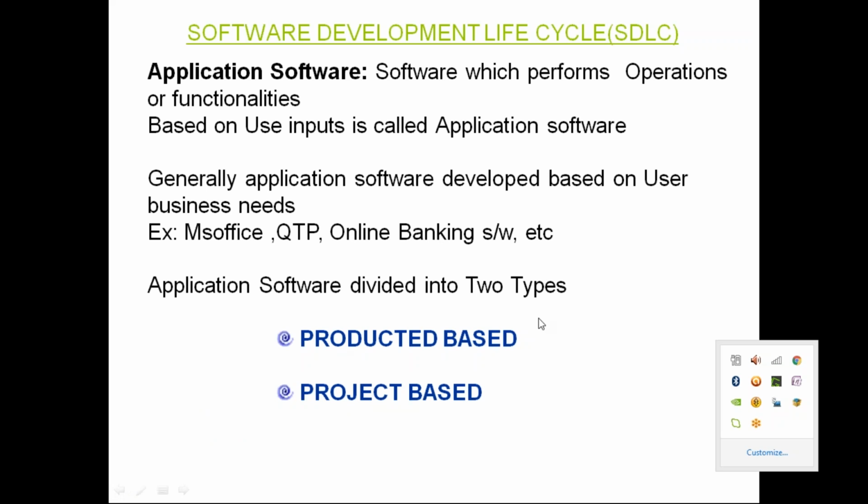A product based company is a company which has its own applications, and they will work on and test their own applications. Like Google is a product based company. It has its own applications, Gmail, Gmaps, and many others. Those types of companies are called product based companies.